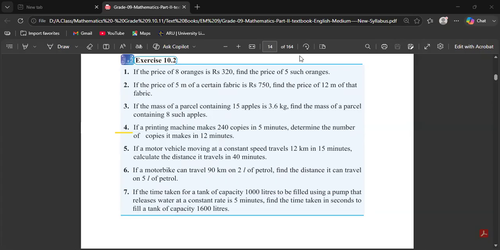Okay. So it makes 240 copies in 5 minutes. So they are asking about the 12 minutes. So what to do?